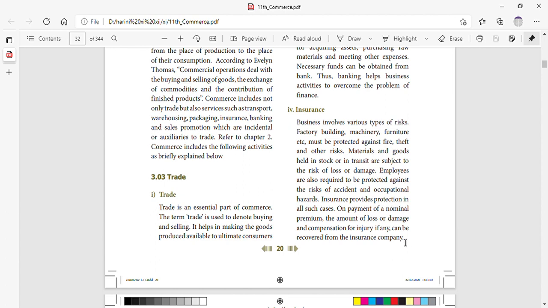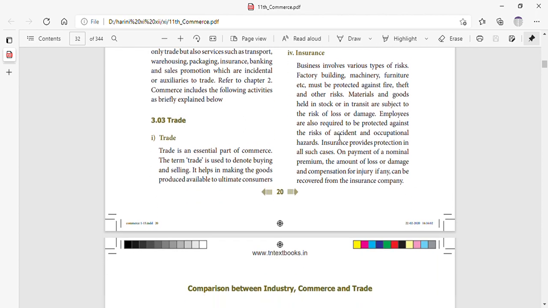Whatever loss happens there, if you have already taken insurance, you will get a claim. So you need not worry about whether an accident might happen, because you have an insurance.